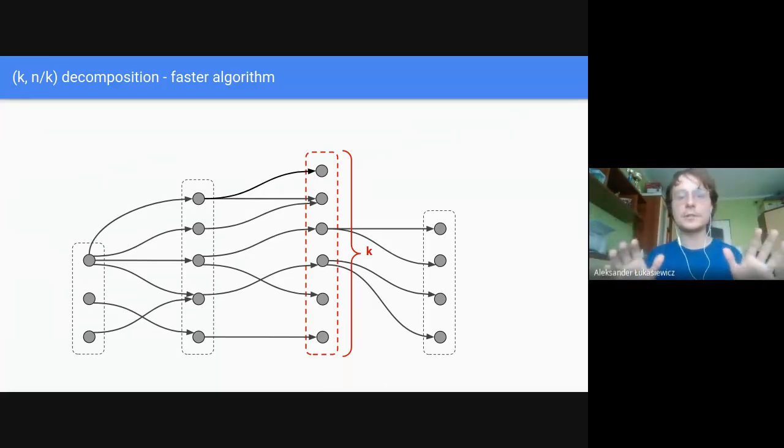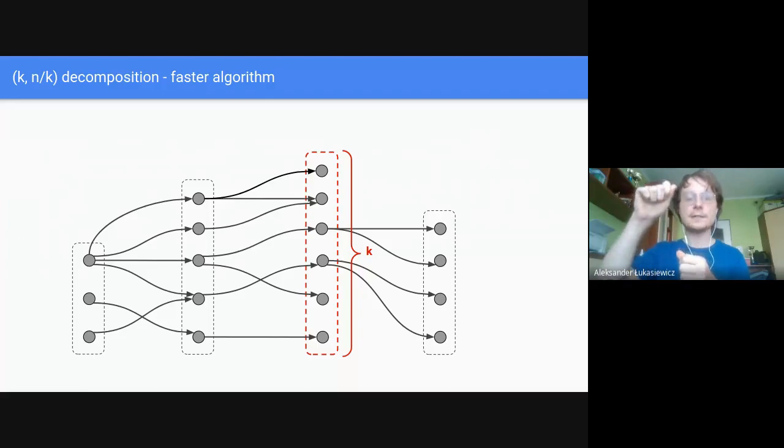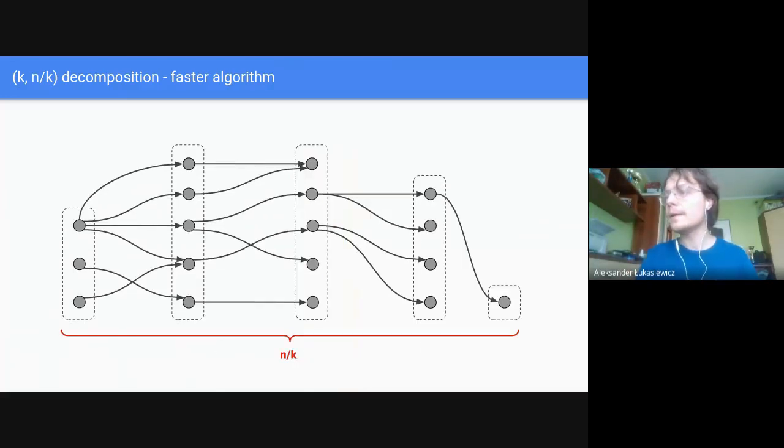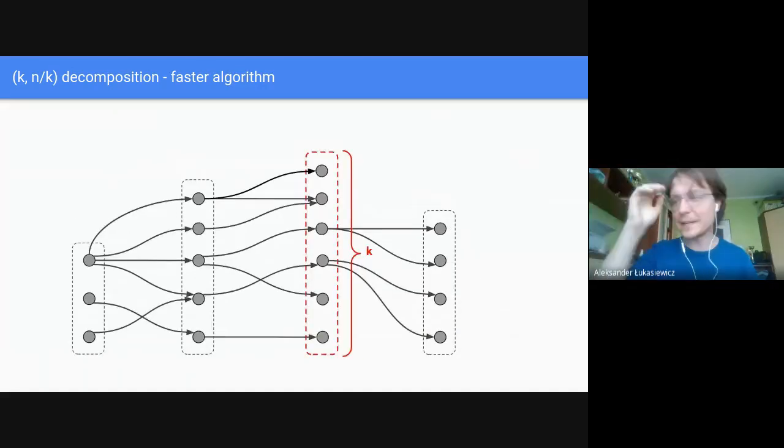We run the same algorithm on the reduced number of vertices, and we add this anti-chain to our A-B decomposition, our k, n over k decomposition.